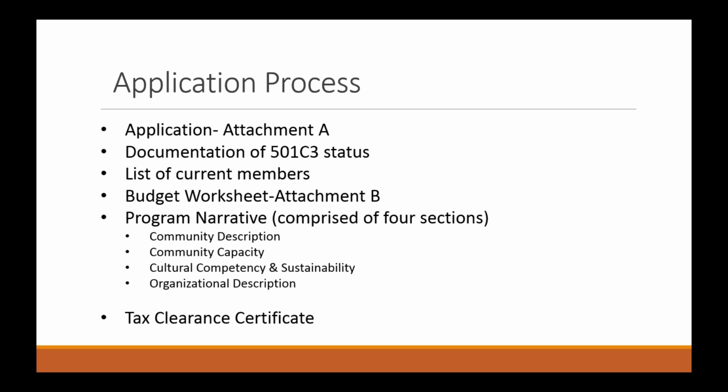Each of those sections you would just type out on a Word document and answer them. We want to know about your community. We want to know about the size of your community. We want to know about your coalition.